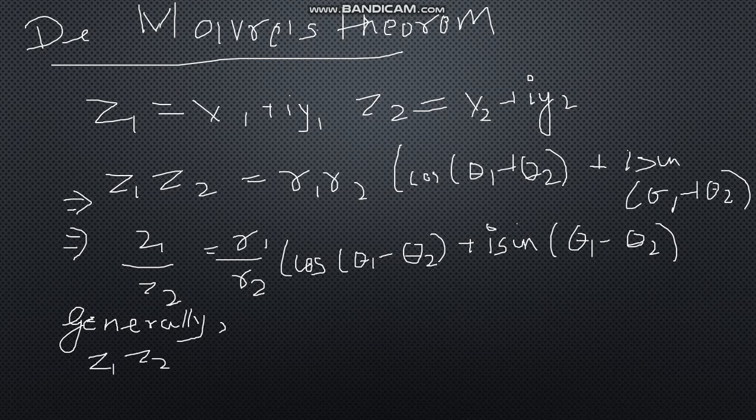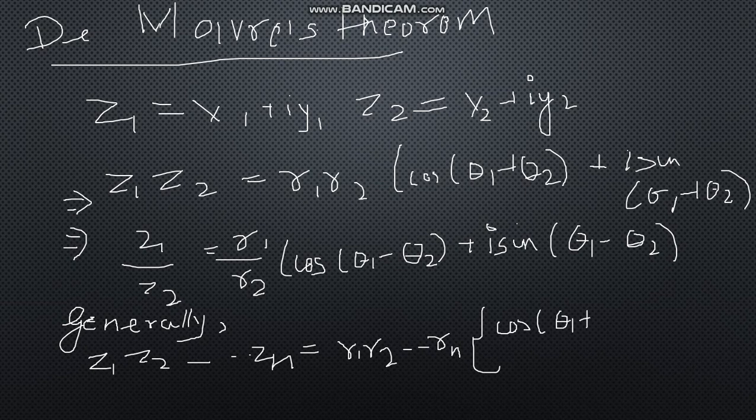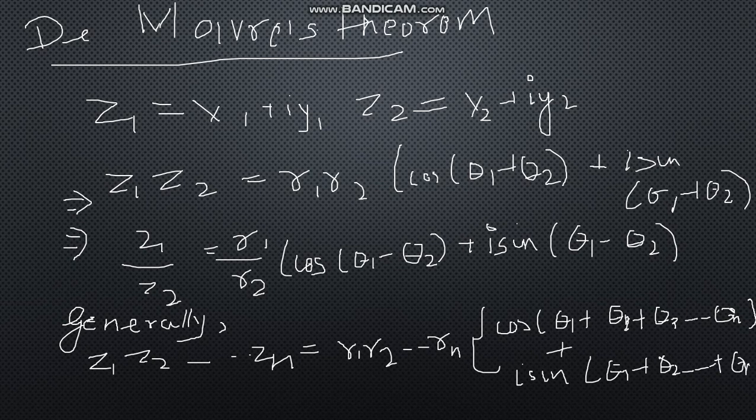Now when we divide z1 by z2, what we obtain is r1 divided by r2 (cos (theta 1 minus theta 2) plus iota sin (theta 1 minus theta 2)).